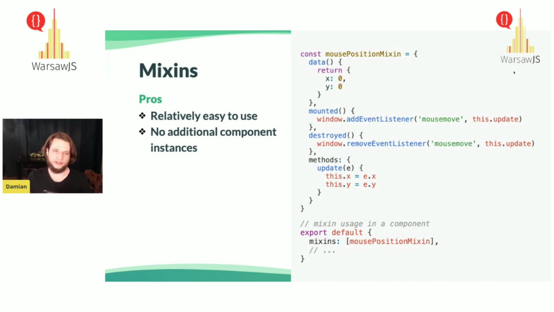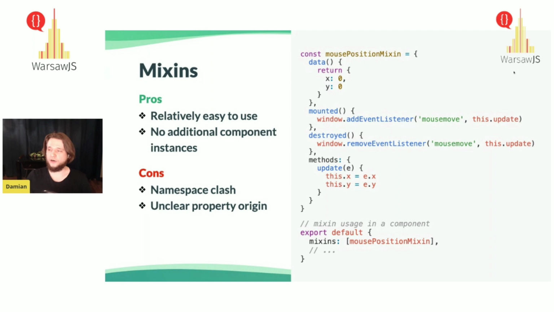It doesn't really create any additional components, but there are some cons, namely namespace clashes. If you have X and Y properties in the mixin and you want to have those two on the component, the component will override them, and that will break the way the mixin works.